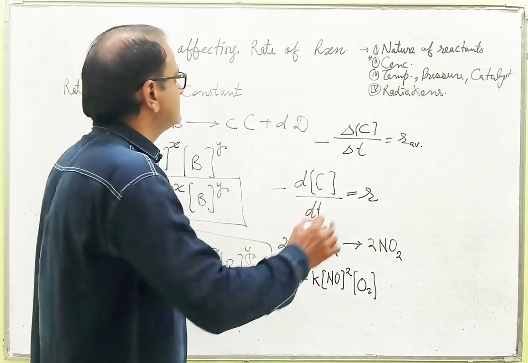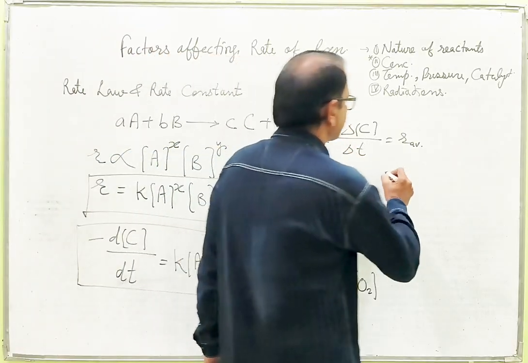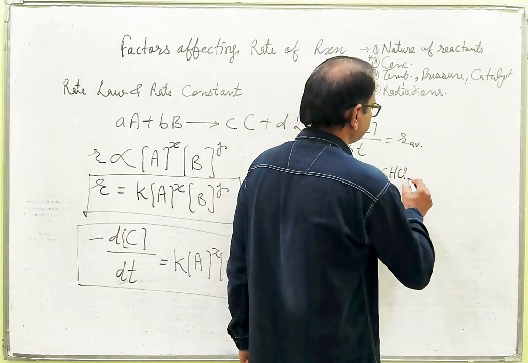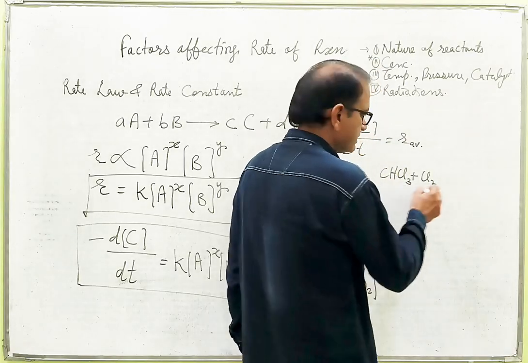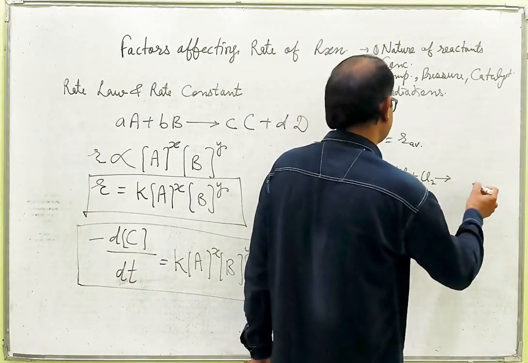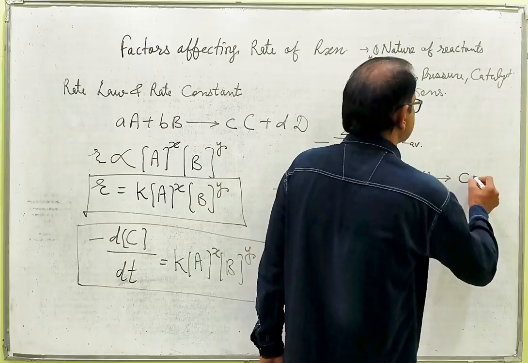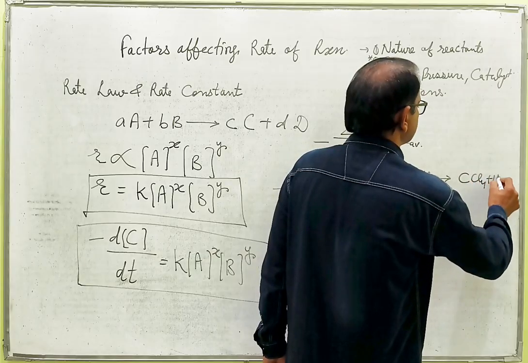Another reaction is like this one: CHCl3 reacting with chlorine, and what we get is CCl4 plus HCl.